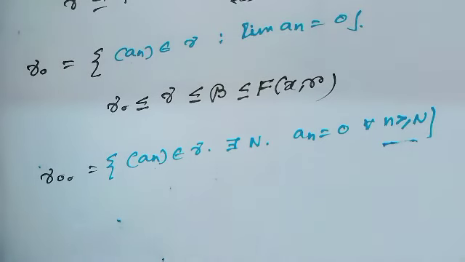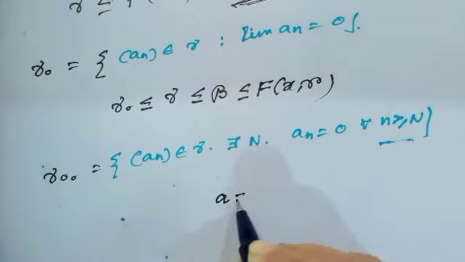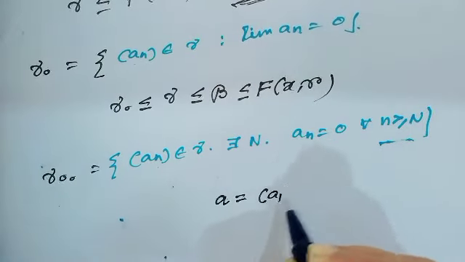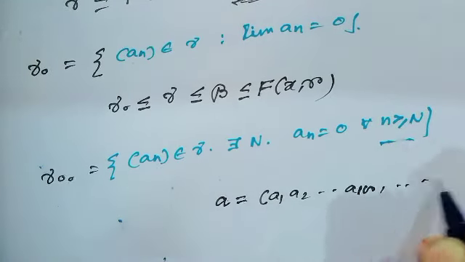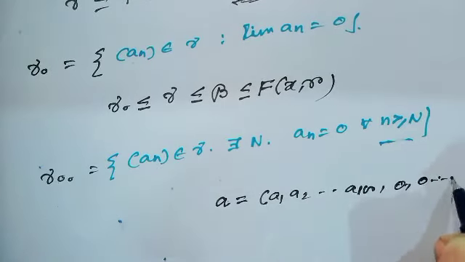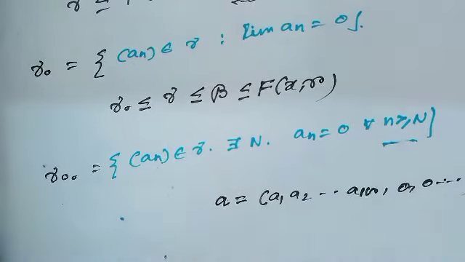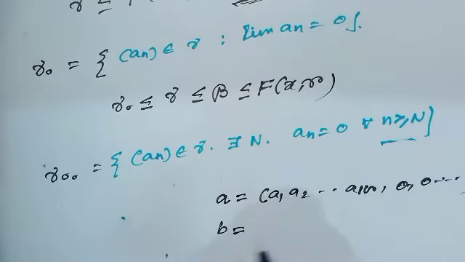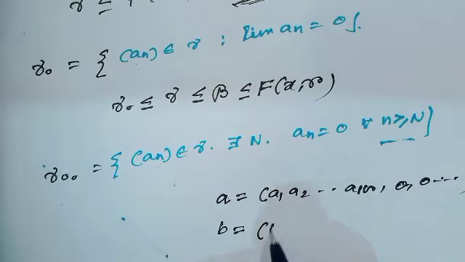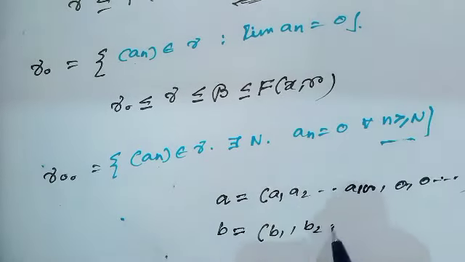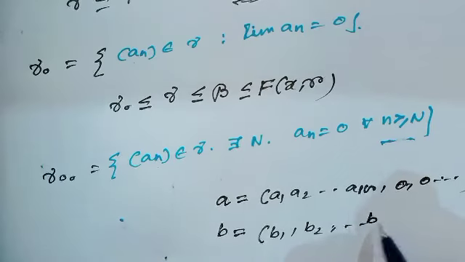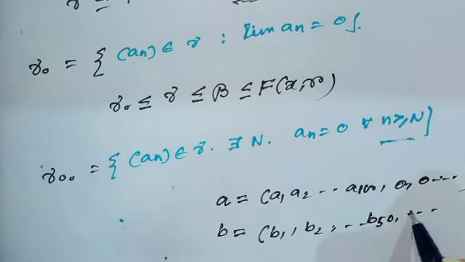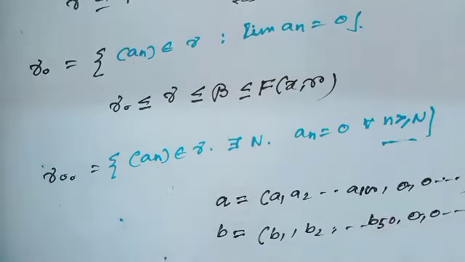Obviously this is a vector subspace, because if you consider A equal to A1, A2 up to A100, after that all terms are 0. Also if you consider another element B equal to B1, B2, up to B50, after that all terms are 0.